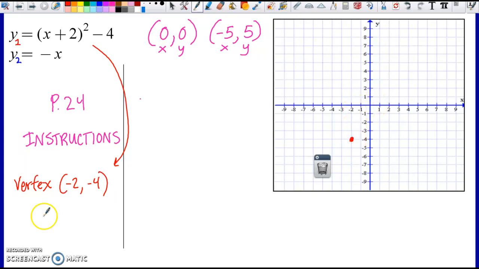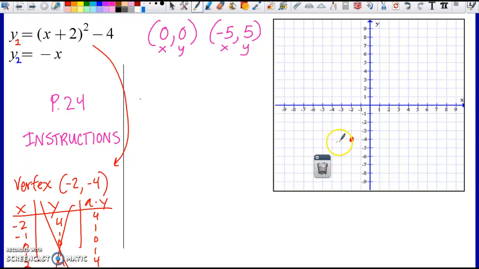I'm making a table, my A value is 1, so the table is also very easy. -2, -1, 0, 1, 2, 4, 1, 0, 1, 4. So 2 over, 4 up, 1 over, 1 up, and so on. Oh, I went too far up though, it looks like. I apologize for that. Let's just fix that real quick. Then if I go 1 more over, I go 9 up. And now here's my parabola.